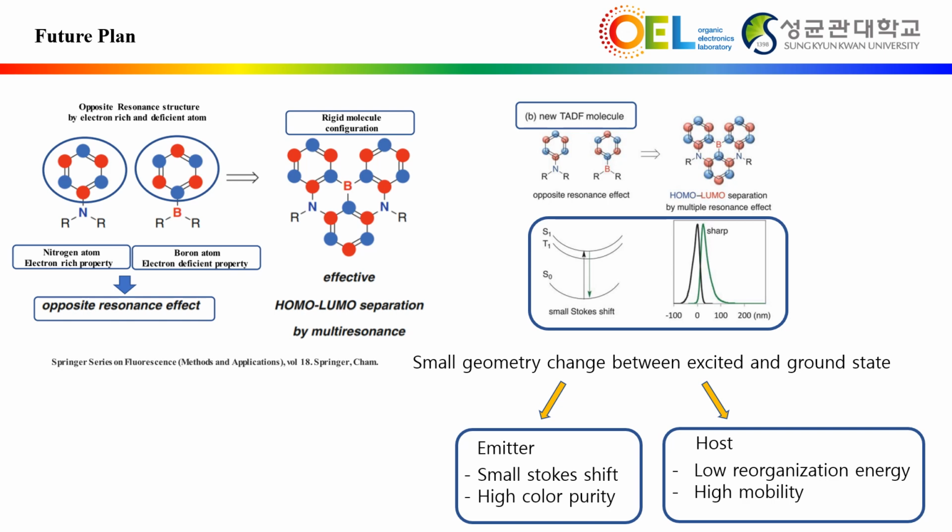Using these molecules capable of high color purity and triplet harvesting will be developed in the emitter in the future, and the rigid molecular structure will make the reorganization energy small, so the possibility of using them as a host is also open. As such, it is expected that active development of multi-resonance molecules should be made in the future.